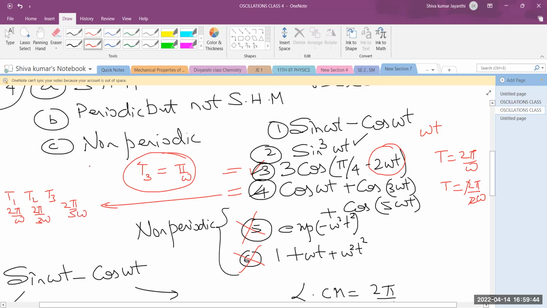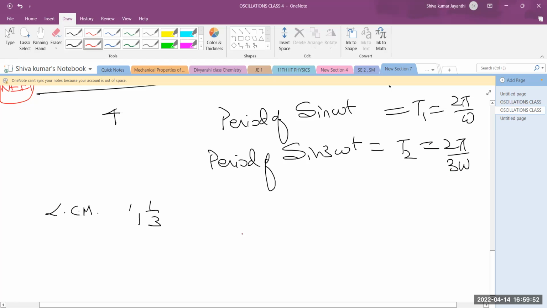Then we have to take the LCM of all of these. T1 is 2 pi by omega, T2 is 2 pi by 3 omega, T3 is 2 pi by 5 omega.